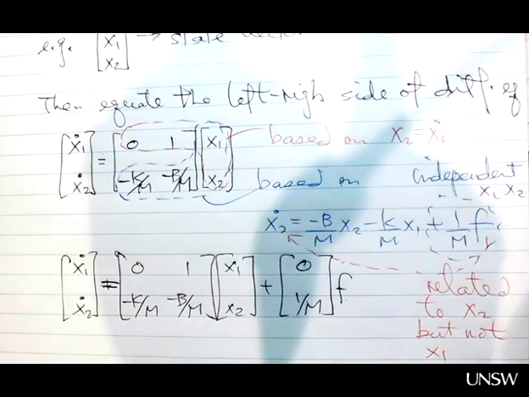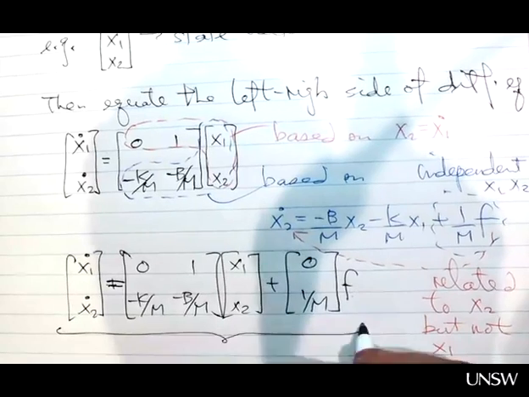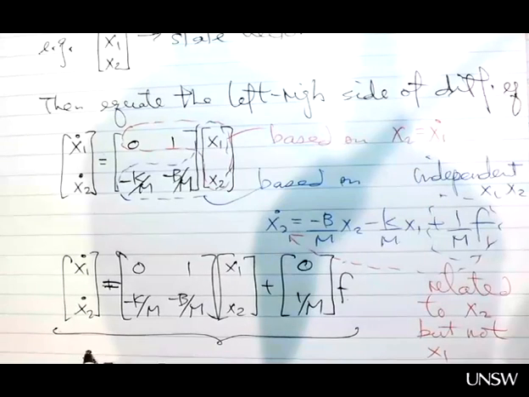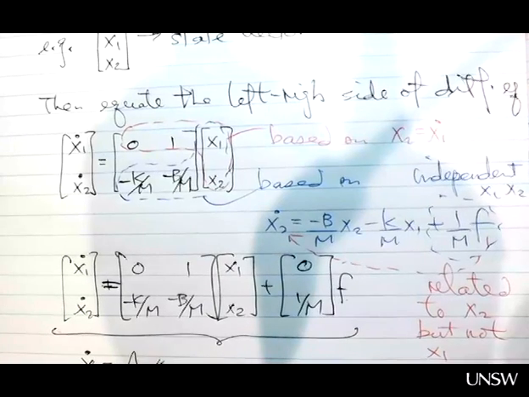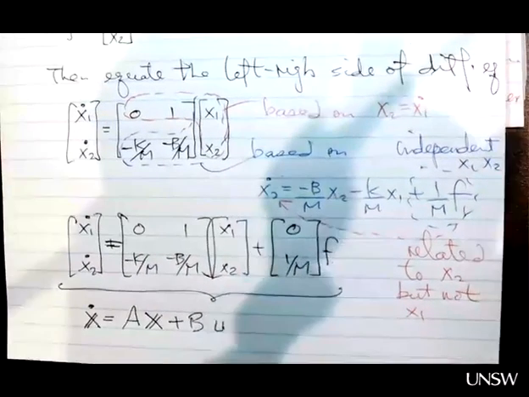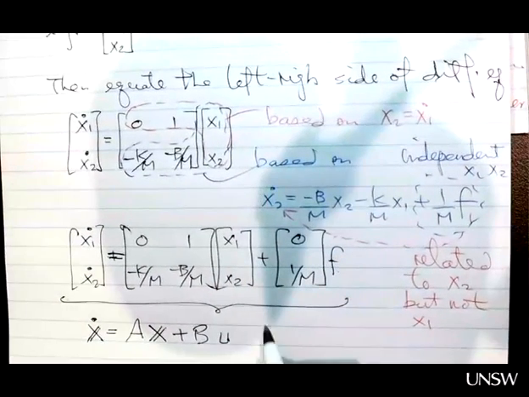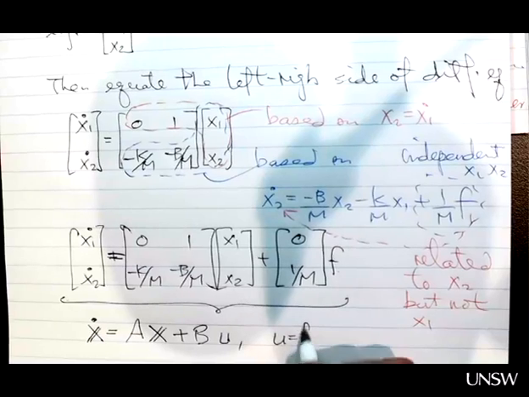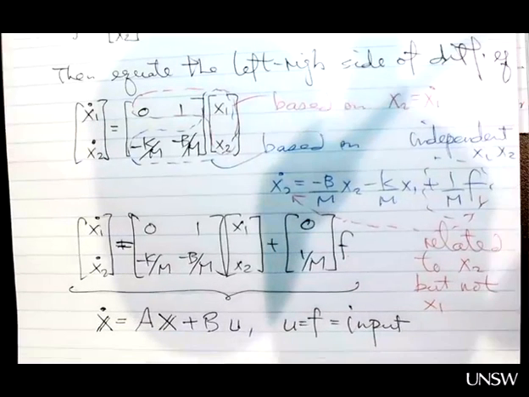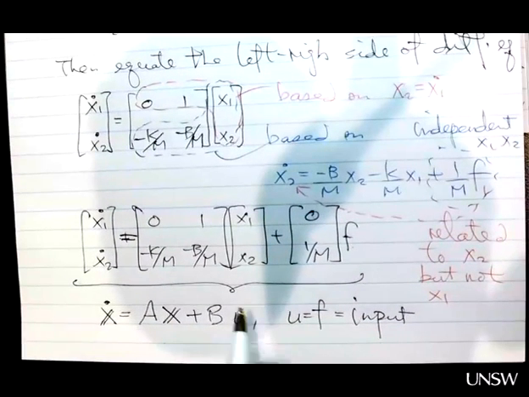Okay. So what we have now, we can say it is x dot equals A x plus B u, where u equals f is the input, and x is the state.